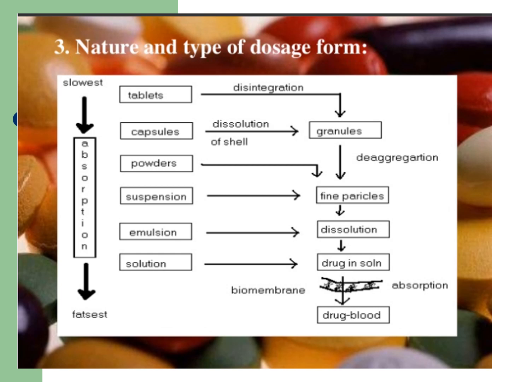It is available in the body in unchanged form, right? Before entering the systemic circulation, it is 100% available, so the intravenous route has the maximum bioavailability. Whereas the drug given through enteral route, enteral can be oral, can be rectal, or any other route, the drug has to undergo first pass effect.